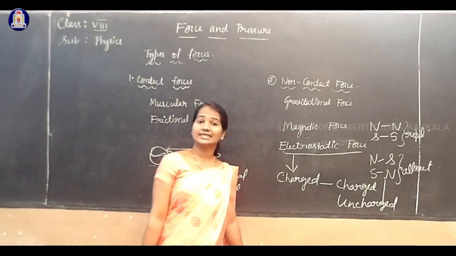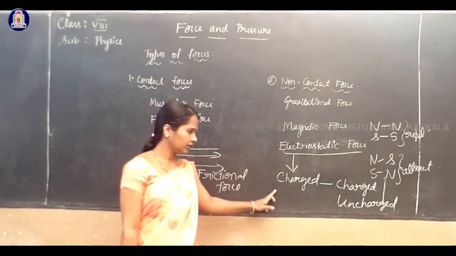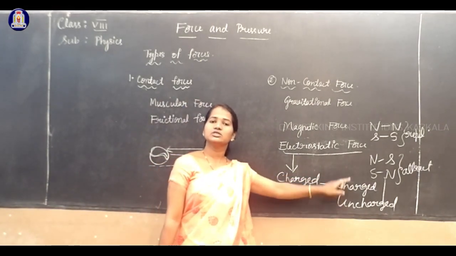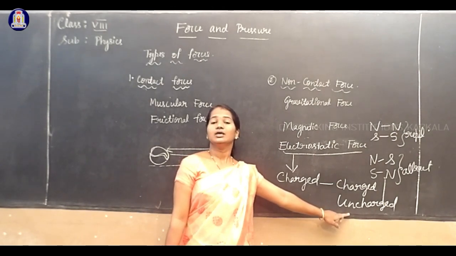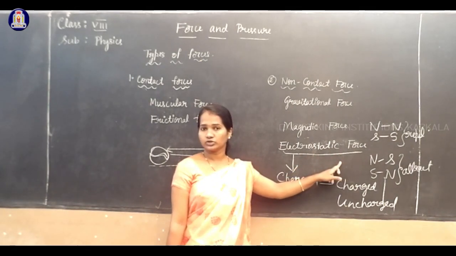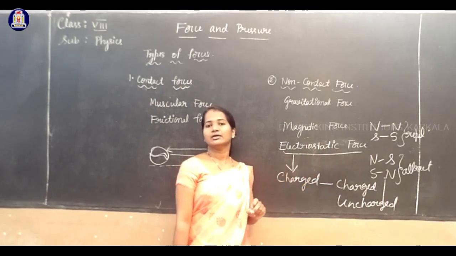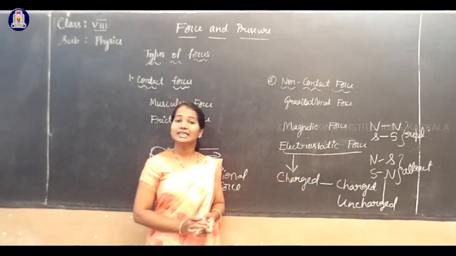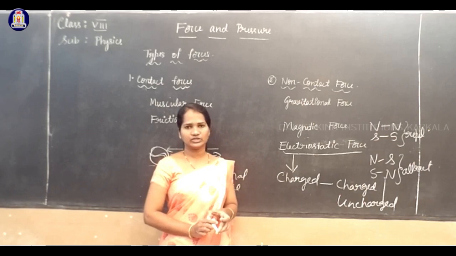The force exerted by a charged body on another charged or uncharged body is called electrostatic force. Here also, like charges repel each other and unlike charges attract each other.